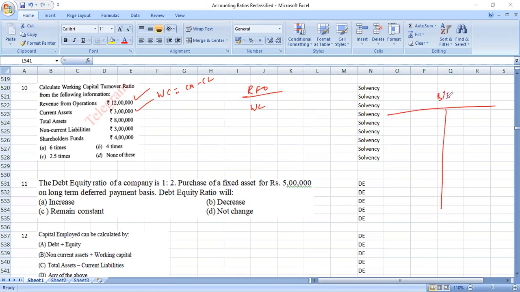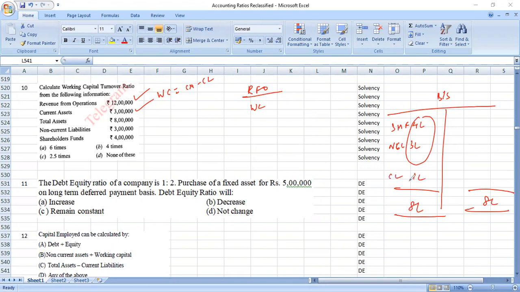Let's put them all in a balance sheet and see if we can get the answer. Non-current liabilities are 3 lakhs. Shareholders' funds are 4 lakhs. Total assets are 8 lakhs. So this side will also be 8 lakhs. 8 lakhs plus 7 lakh is capital employed.